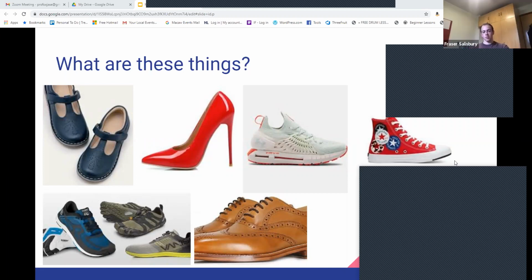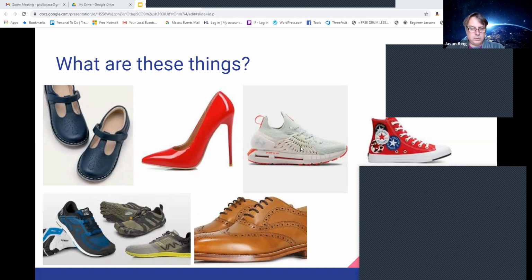Well, the heels there are more for aesthetics and to look good, whereas the running trainers are for comfort. For running and for better shock absorption. So this one's a running trainer with shock absorption. And these are probably the same, or similar.